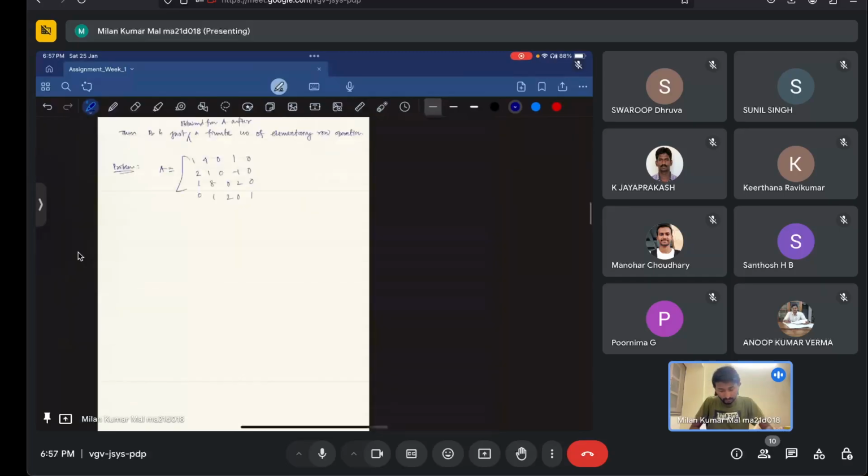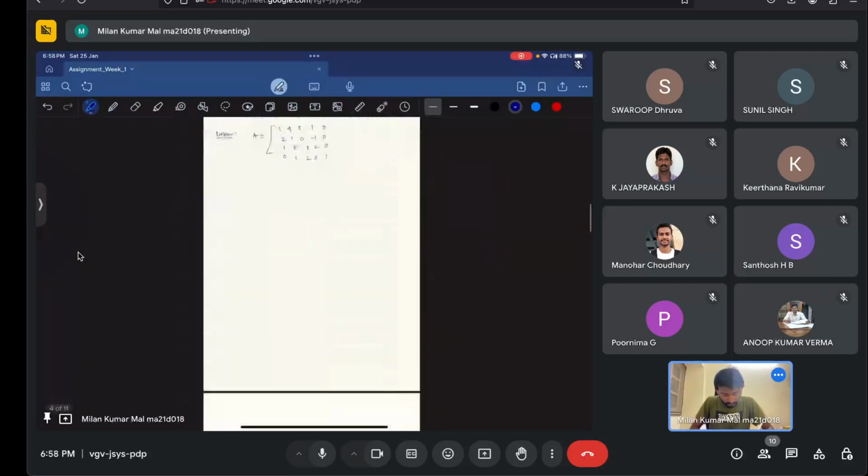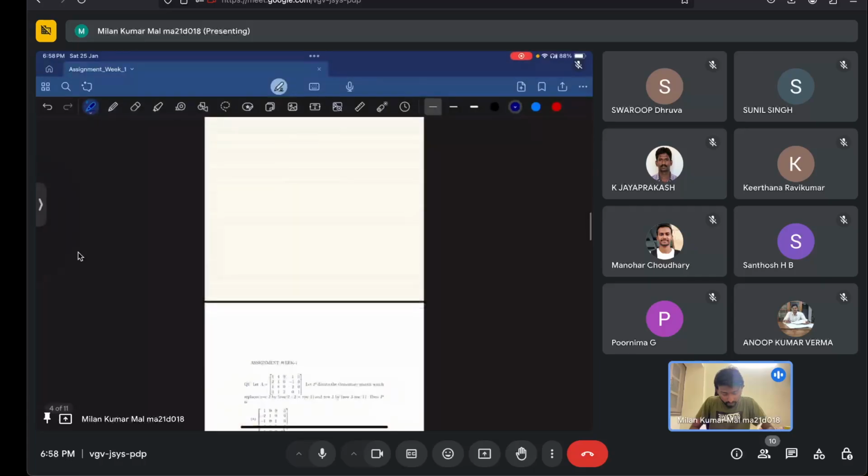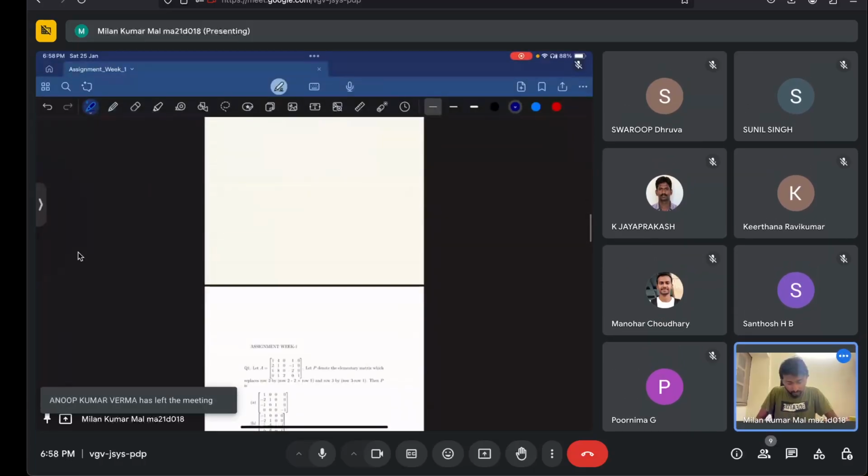So what does this mean? The rows are 14010, 210 minus 10, 210 minus 10, 18020, 01201.